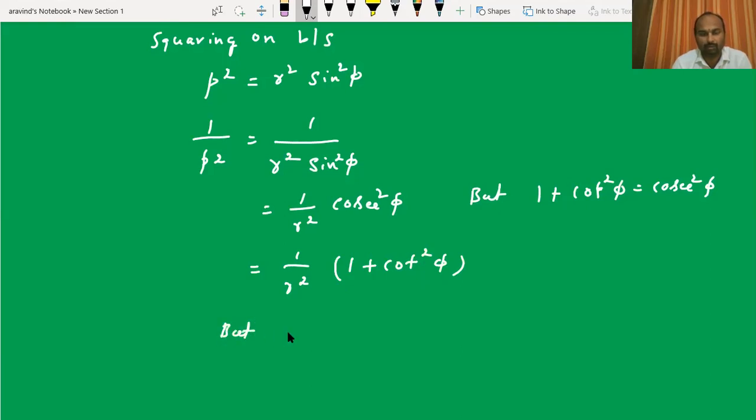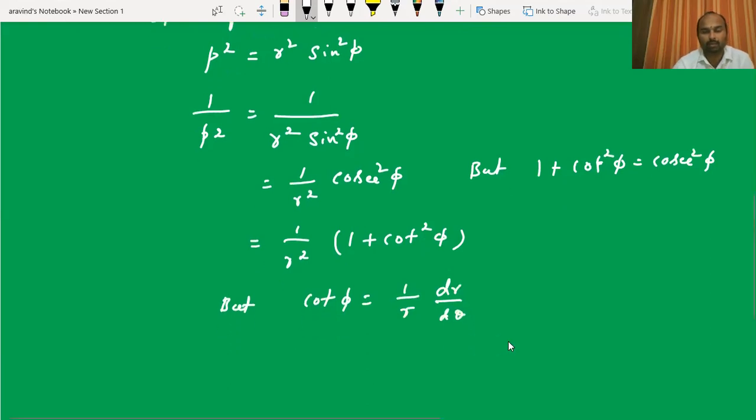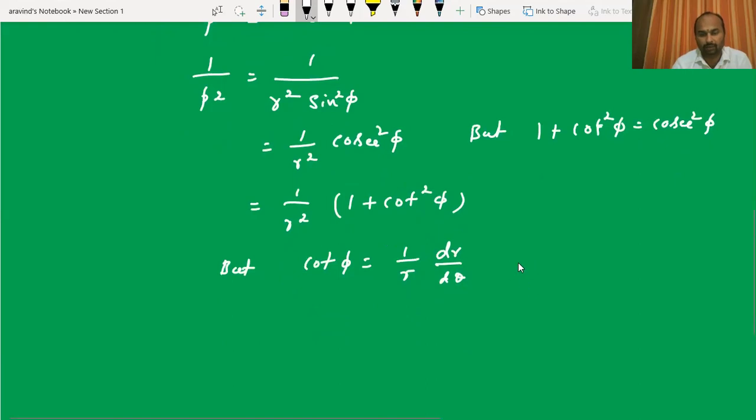Also we know this relation, that cot phi equals 1 by r into dr by d theta. This is the expression for the angle between the radius vector and tangent.